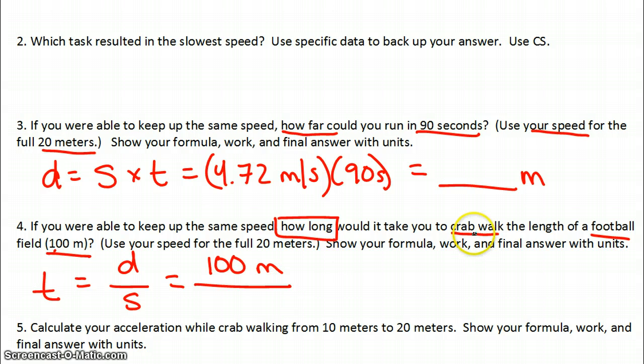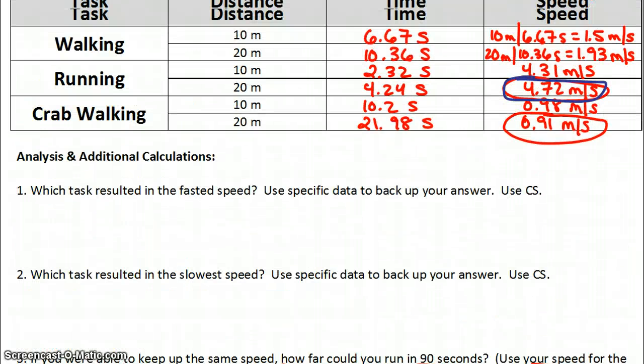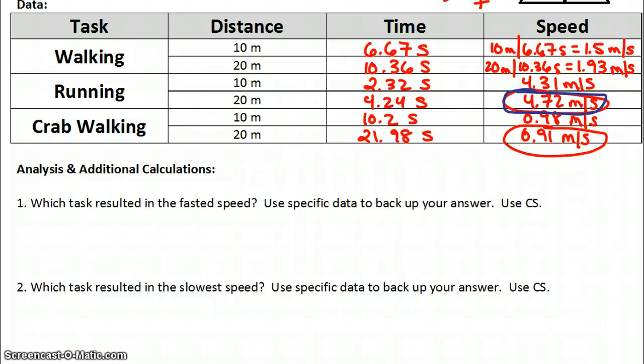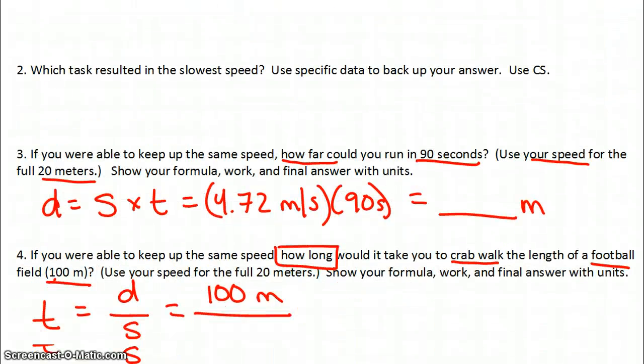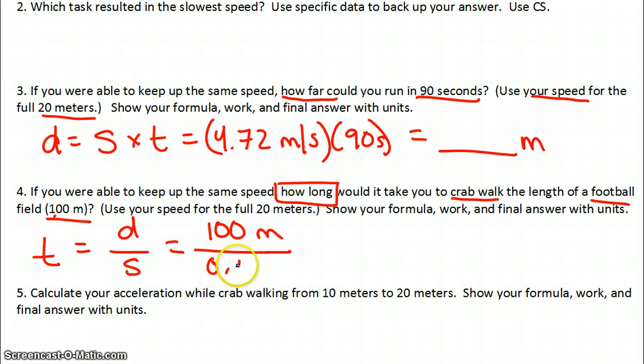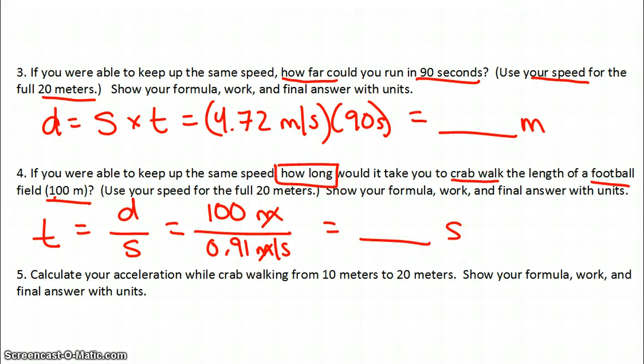It was the speed of crab walking for the full 20 meters. So if I go back up and look, crab walking at 20 meters was 0.91 meters per second. Again, make sure you're using your data. Plug it into your calculator, and our meters will cancel, so make sure your answer is in seconds.